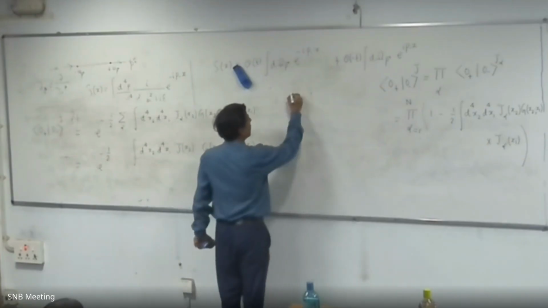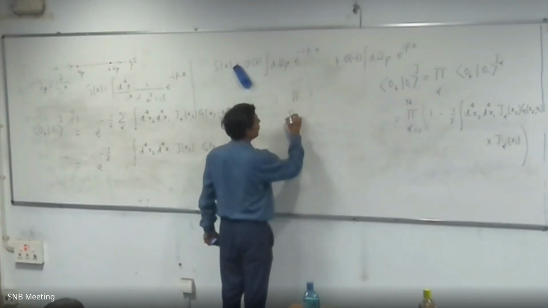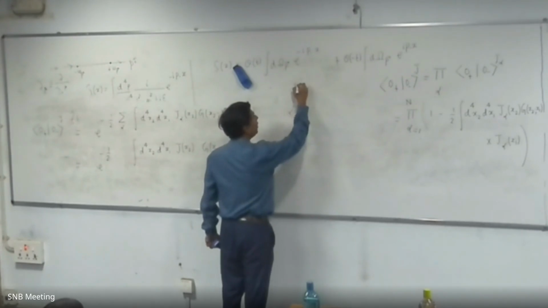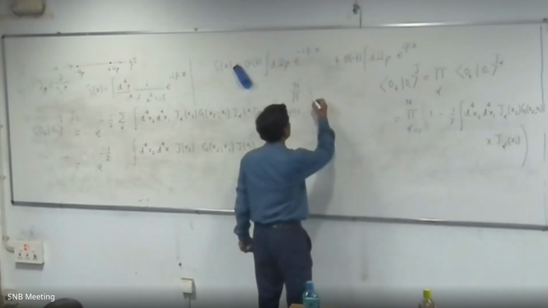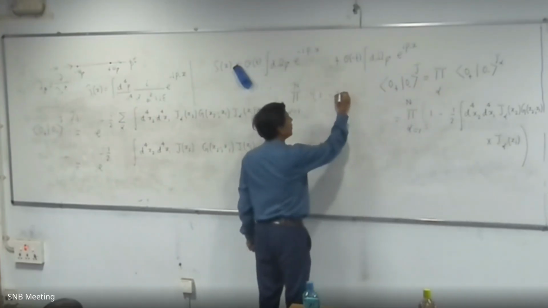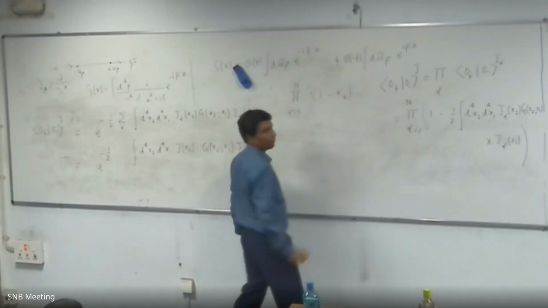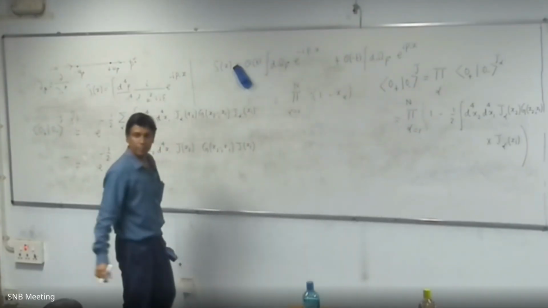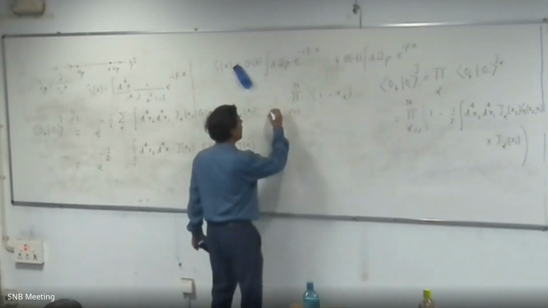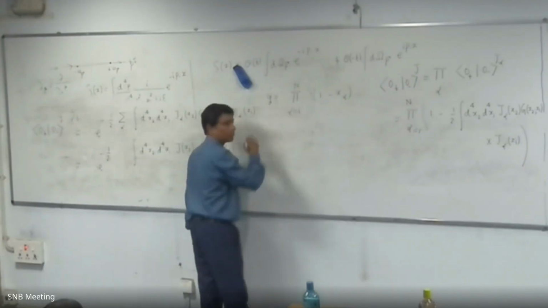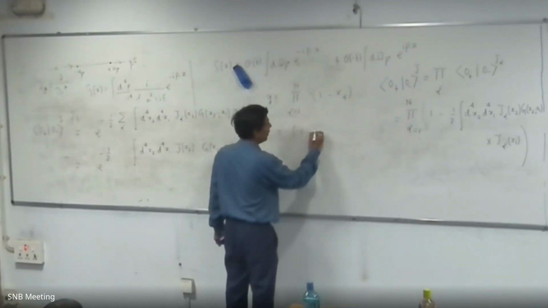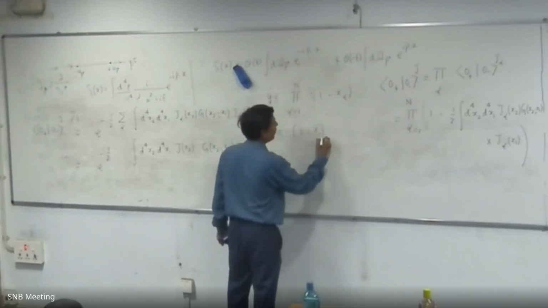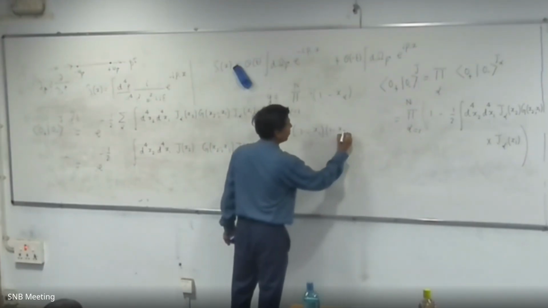So let me take, say, product alpha equal to 1 to n, and I call this part 1 minus x to the power of alpha, and I call this y. What does this mean? This is basically 1 minus x1, 1 minus x2, and so on.